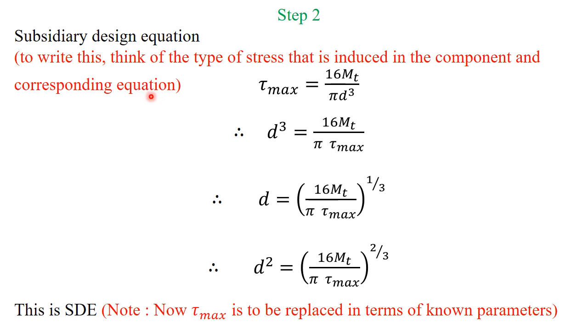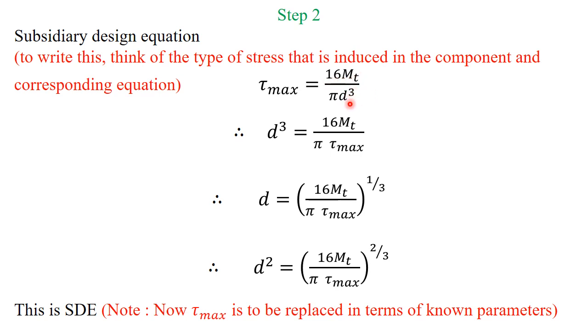Since the bar is subjected to torsion, the induced stress is torsional shear stress, and for a circular cross section, tau max is equal to 16 torque upon pi d cube. So 16 Mt upon pi d cube.